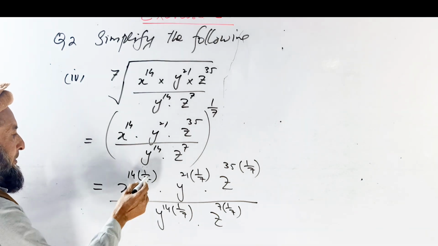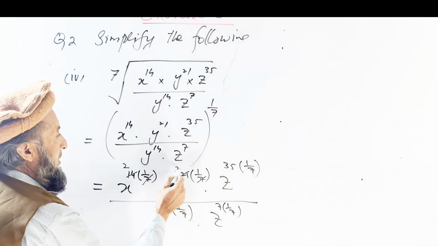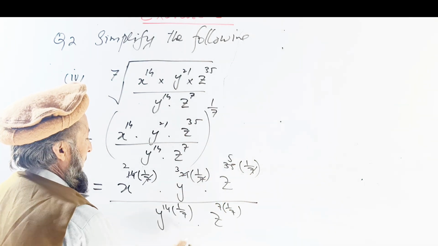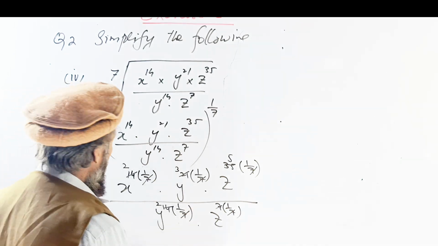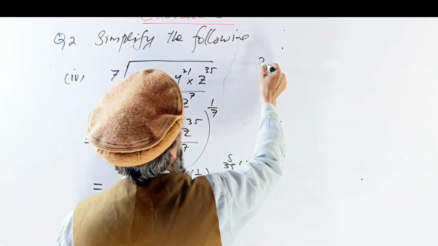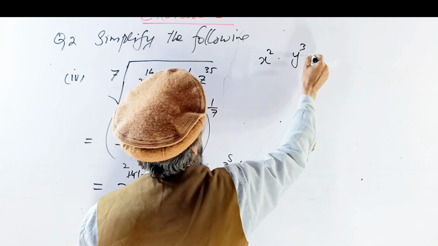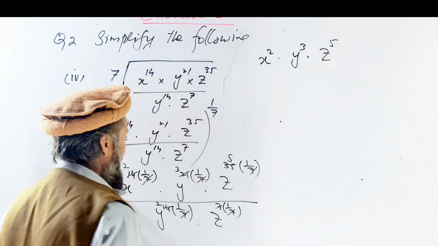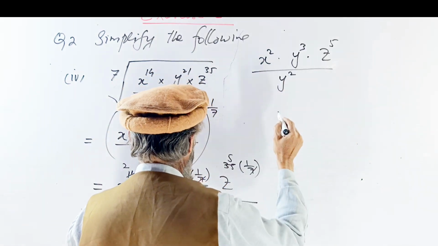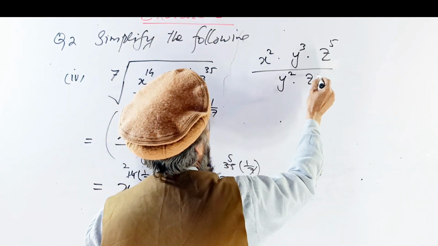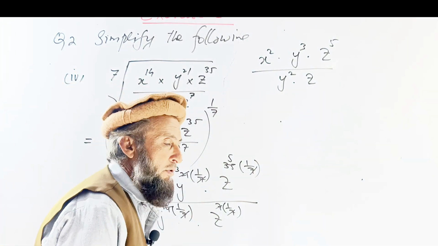Where simplification is possible, we simplify: 7 3 and 7 5 are cancelled, 7 2 and 7 are cancelled. We have the intermediate term x square into y cube into z power 5 divided by y square and z. We cannot cancel them directly because we need to simplify.